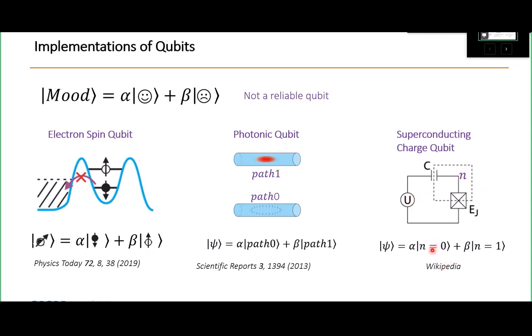So we have one extra pair of electrons, or 0 extra pairs of electrons. And we can have a linear combination. It means that we don't know whether we have an extra pair of electrons or not. And that is how we form a so-called superconducting qubit.